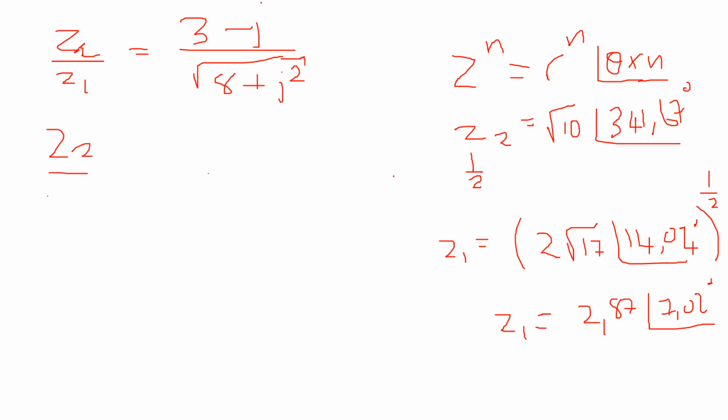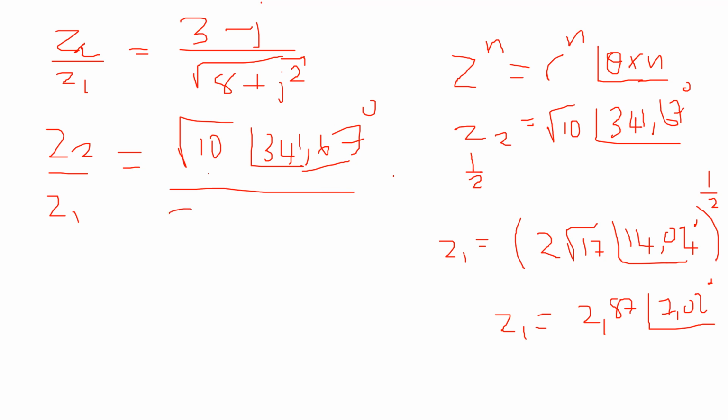So the simplified Z2 is the square root of 10 at an angle of 341.67 degrees, all divided by Z1, which is 2.87 at an angle of 7.02 degrees. And then you can just simplify there.